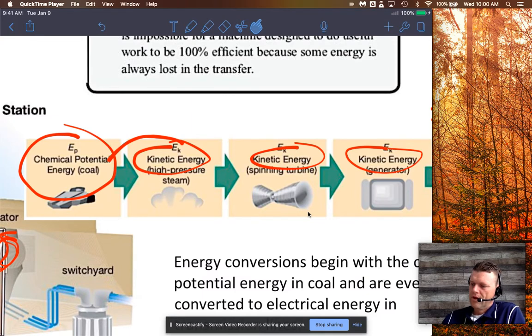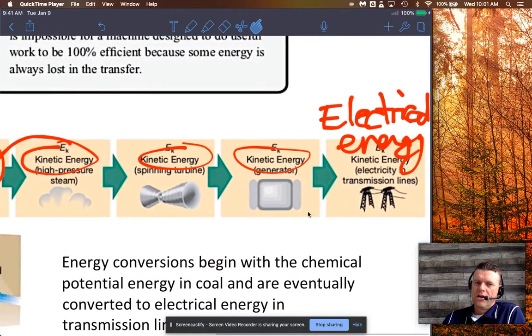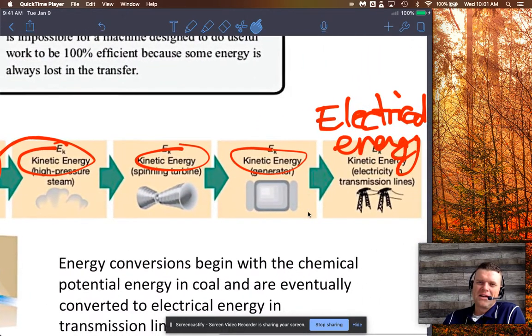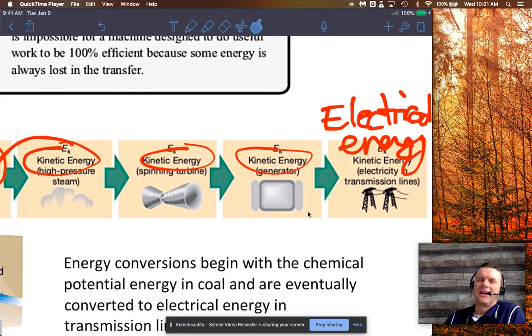So we have a conversion from chemical potential energy to thermal energy, to kinetic energy, ultimately to electrical energy. In this graphic, they said everything was kinetic energy, and I guess you could say it that way, but I like to separate it a little better in terms of the type of energy.